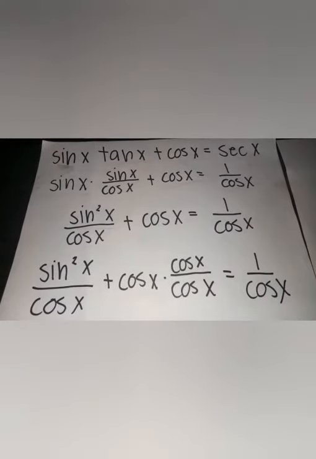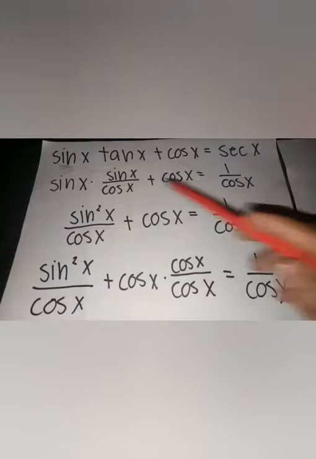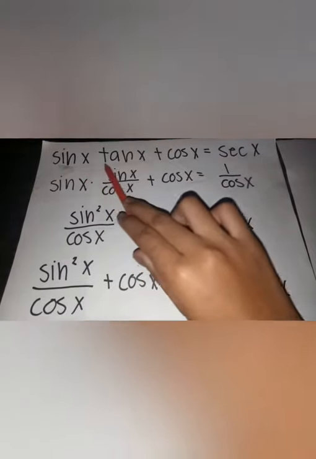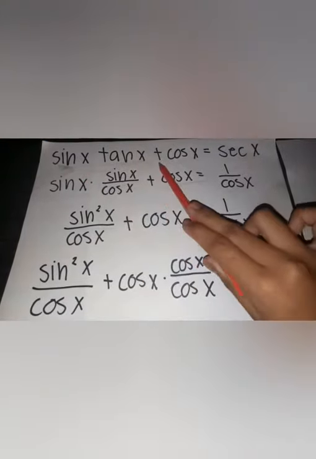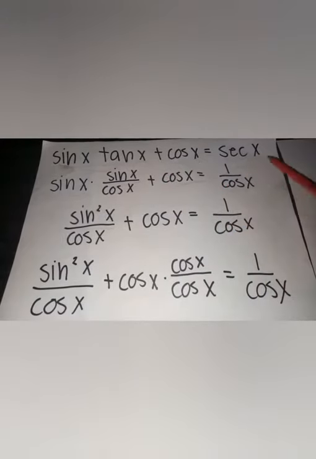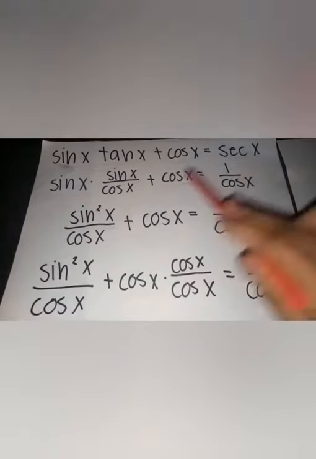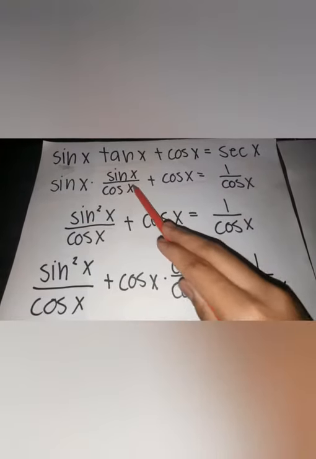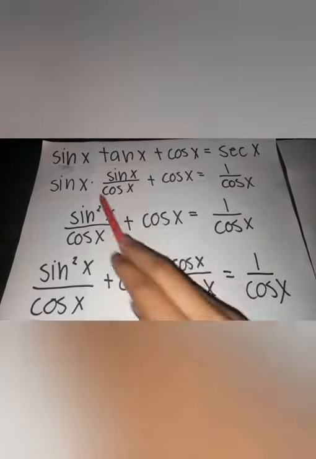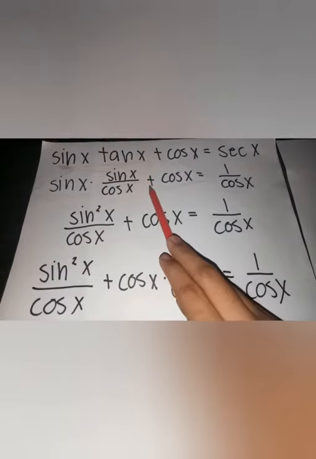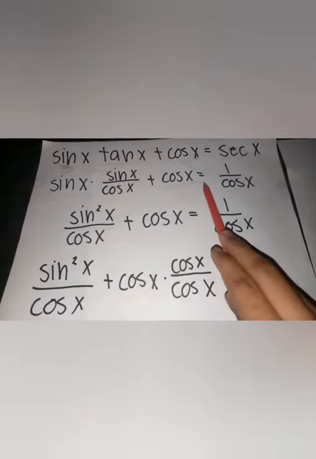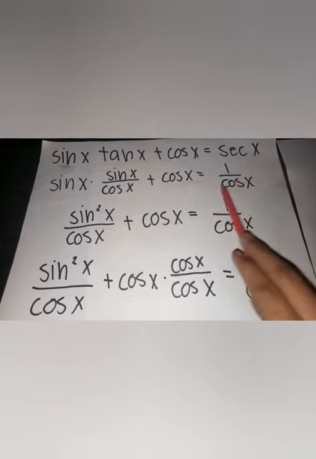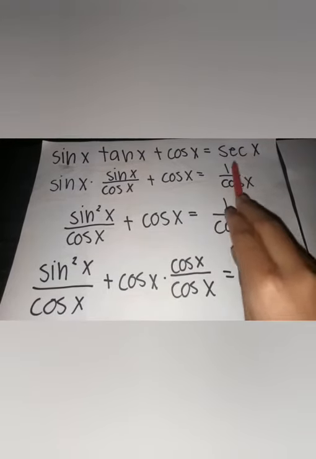And for the next example, the given equation is sin x multiplied by tangent x plus cosine x is equal to secant x, and it will be sin x multiplied by sin x over cosine x, which came from tangent x, plus cosine x is equal to 1 over cosine x, which is equal to secant x.